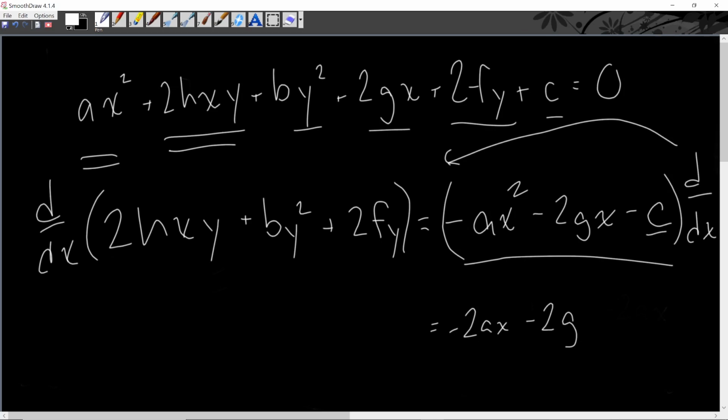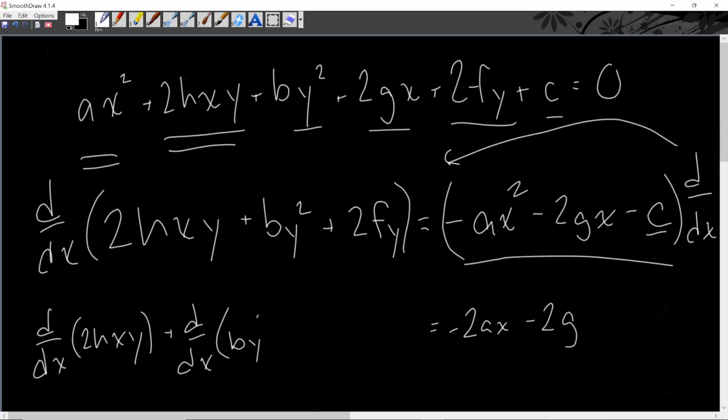But now we have to do the more interesting part, and that's d/dx of all of these functions. So let's write them out. d/dx of 2hxy plus d/dx of by squared plus d/dx of 2fy. Now, I'm going to erase this.